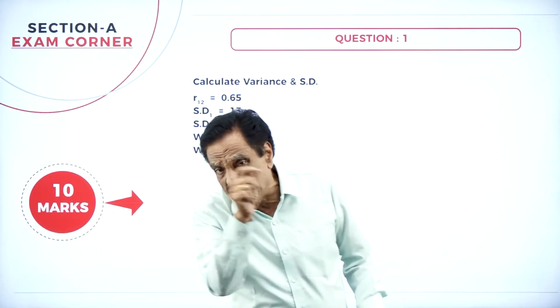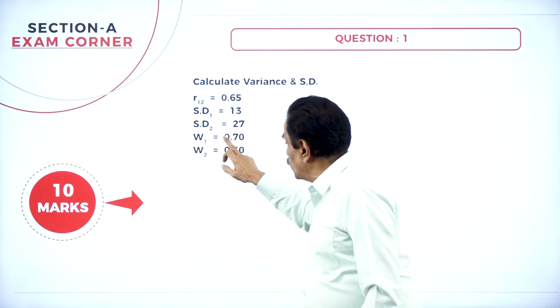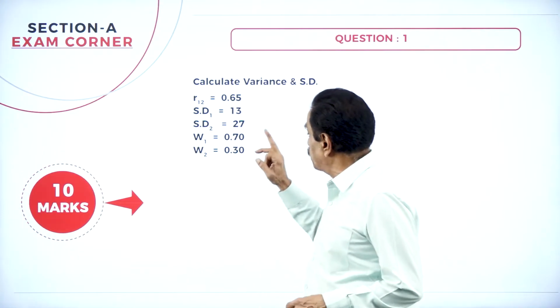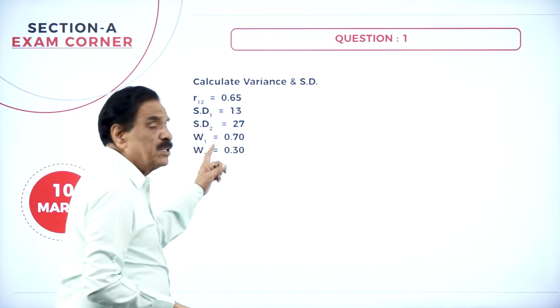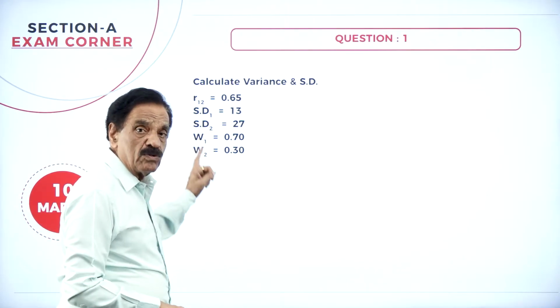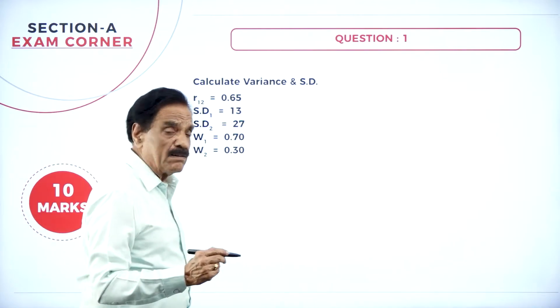We can say risk return is a root of standard deviation 1 square W1 square, standard deviation 2 square W2 square plus 2 into standard deviation 1, standard deviation 2, weighted 1, weighted 2 into R. I am going to write it now. I will tell the answer now.